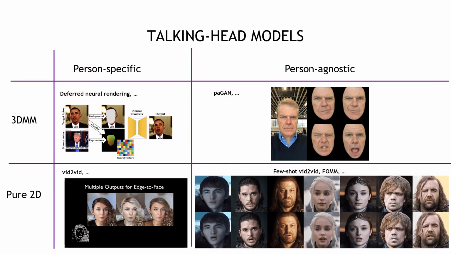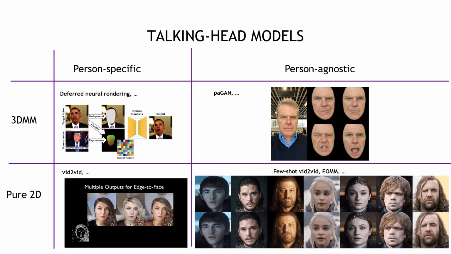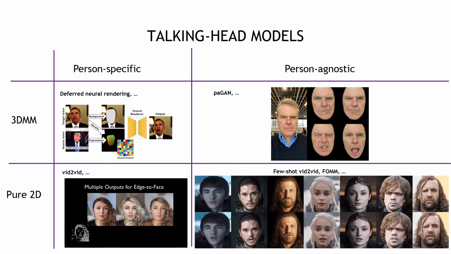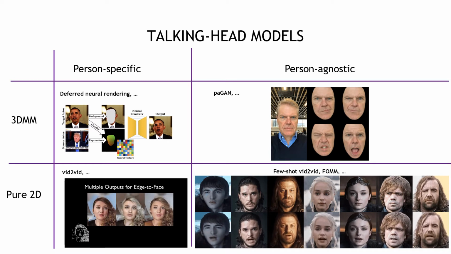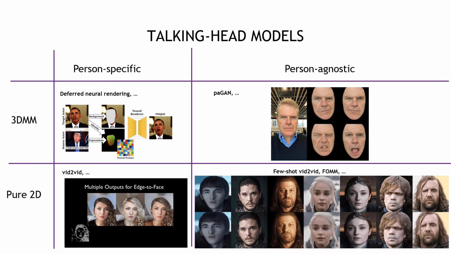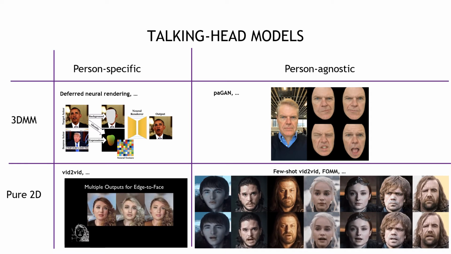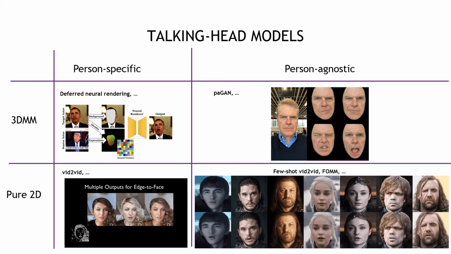Our method is based on a neural talking head model, and there are many different neural talking head models, and we can roughly divide them into 4 categories. There are 2 ways to divide them. One is whether the model is person specific or person agnostic. Person specific means that the model can only work for the person used in training.